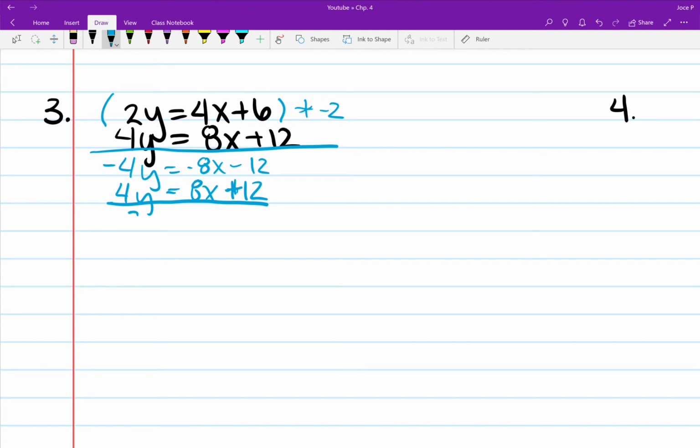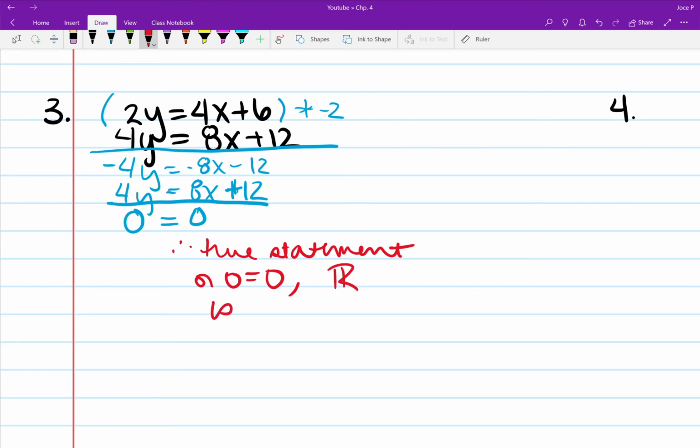So when you take the sum of the two equations, you're going to get 0 equals 0, which is a true statement. So what can we draw a conclusion here? Therefore, when we get a true statement, or a 0 equals 0 with elimination, we can say that all real numbers is the solution.